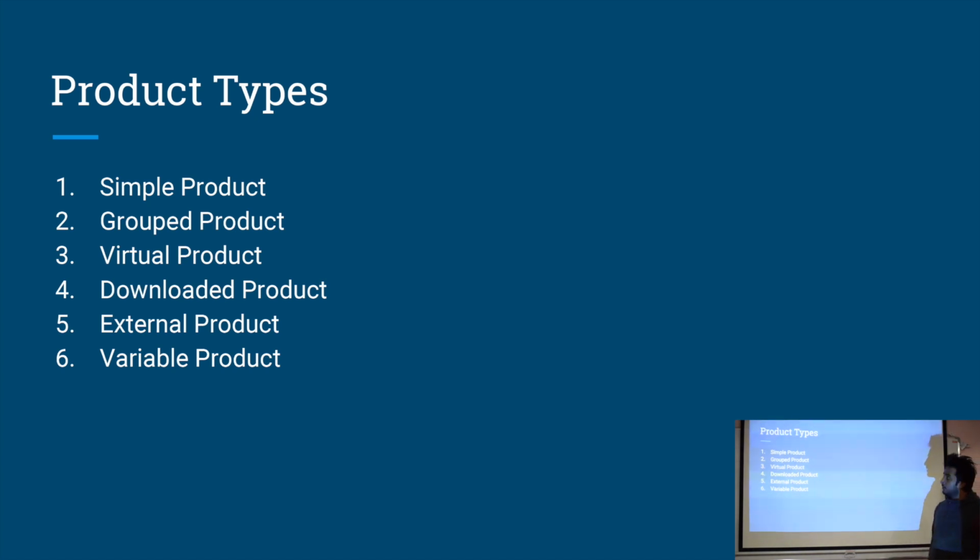A group product is a cluster of simple products, where in a group we'll have a cluster of, say, 6 or 10. If we have books, then we have lots of books there, and each book will have its own price and its own properties we can set up.